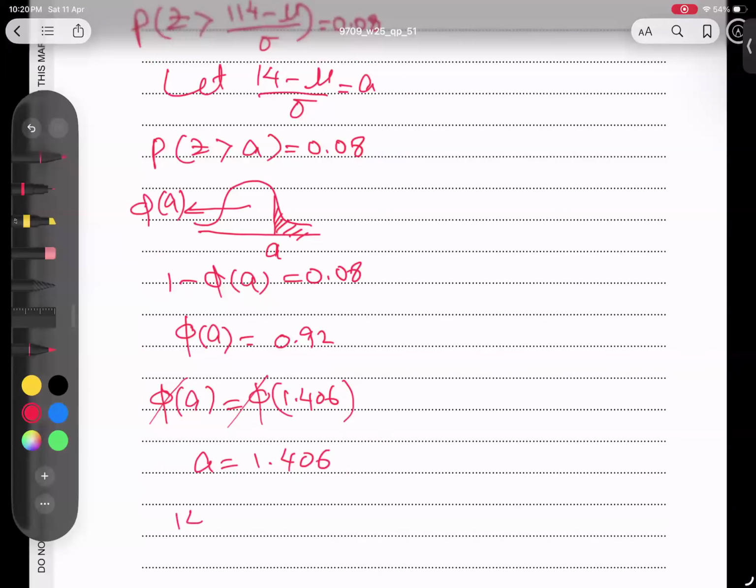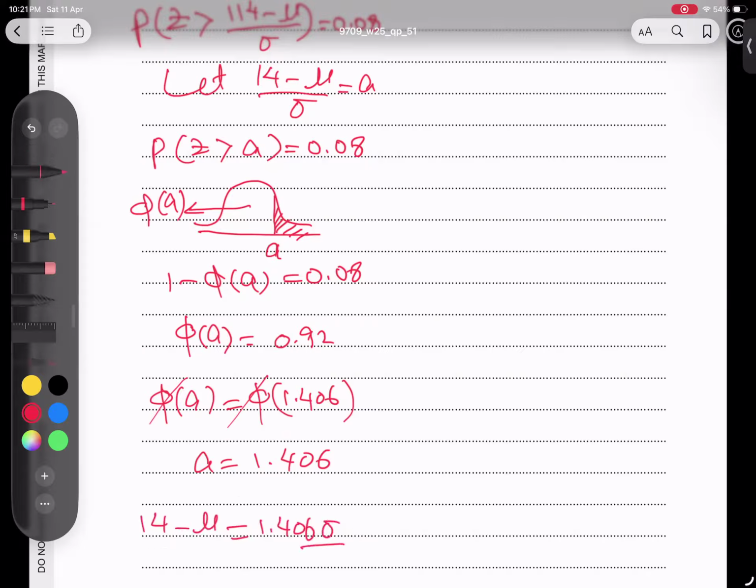So 114 minus mu by deviation is equal to 1.406. It multiplies there, so I can get it easily. Let me write finally: 1.406 deviation. So equation number 1 is done.